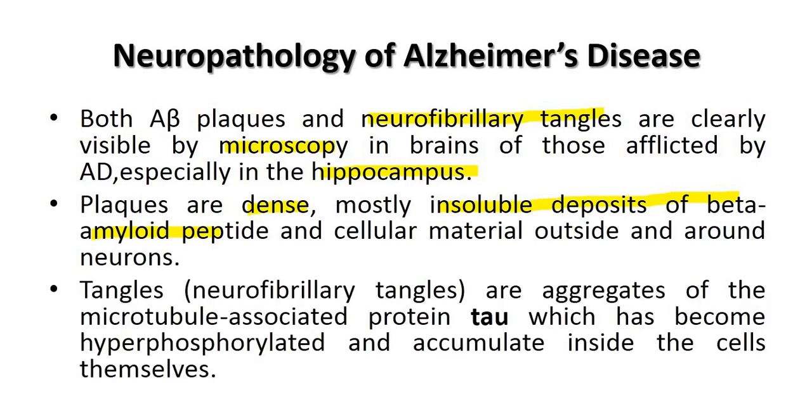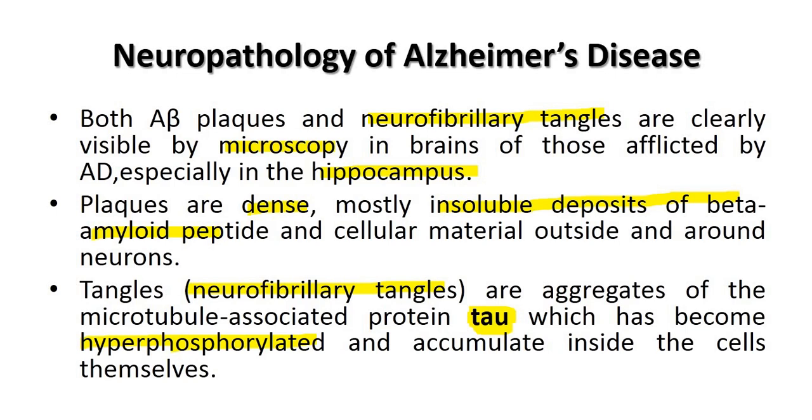Neurofibrillary tangles are aggregates of microtubule associated protein, that is tau. We have studied cytoskeleton in first semester. This has become hyperphosphorylated. Hyper is extra phosphorylation, and after it becomes extra phosphorylated, it can accumulate inside the cells themselves, and that leads to neuropathological changes.